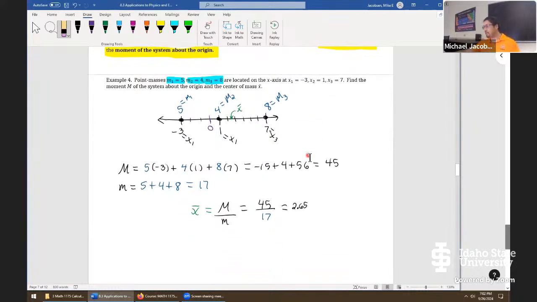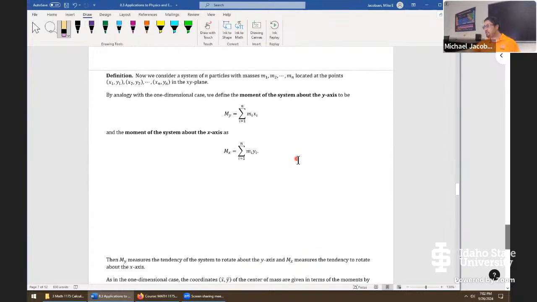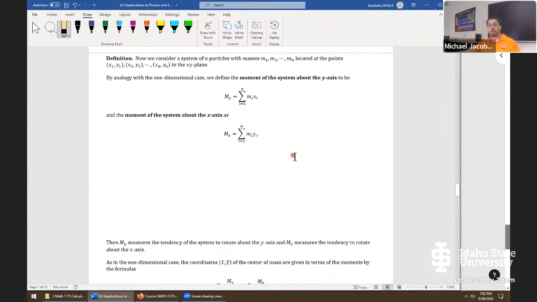Going off to the next page, notice we haven't done any calculus on this topic just yet, but we're getting there. From 1-dimensional to 2-dimensional, here's what the situation looks like. Instead of having the moment about the origin, we now have My. My measures the tendency of the system to rotate about the y-axis. We'll also calculate Mx, the tendency to rotate about the x-axis.